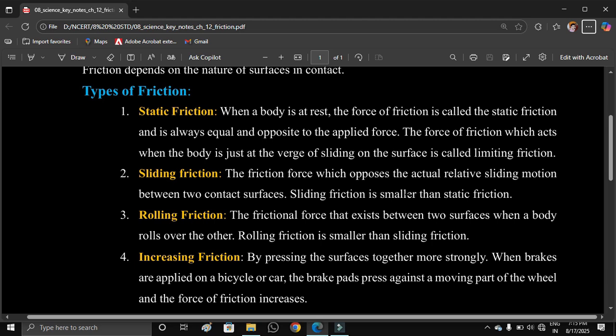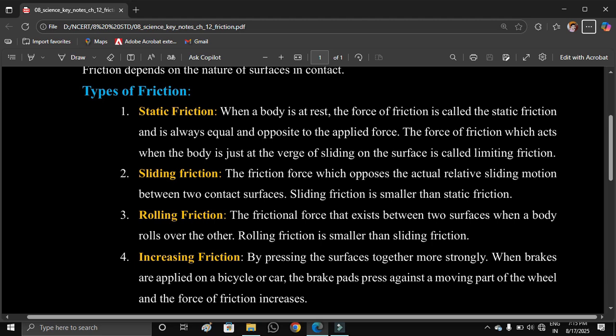Sliding friction is smaller than static friction. Number 3, rolling friction. The friction force that exists between two surfaces when a body rolls over the other. Rolling friction is smaller than sliding friction.